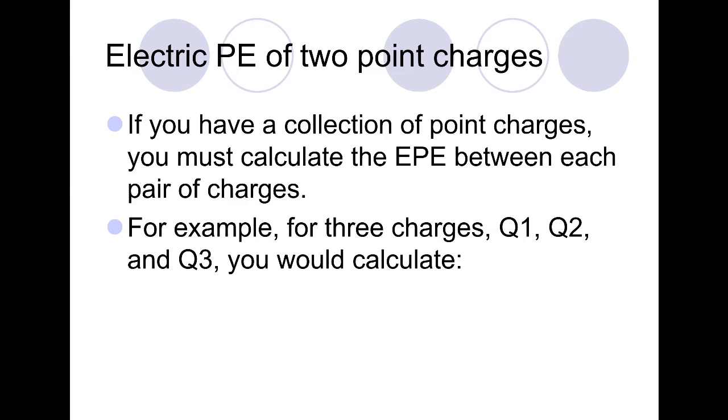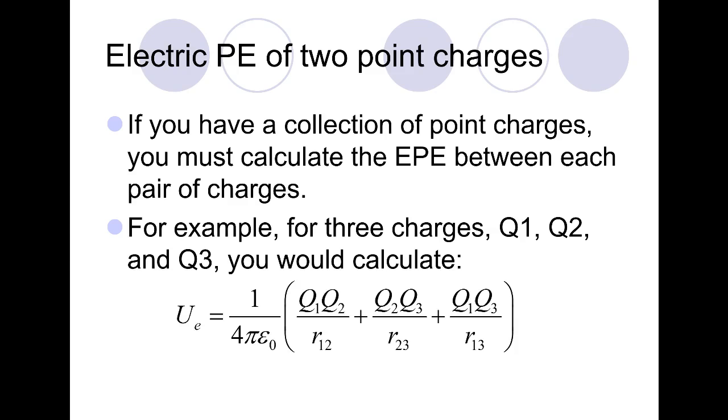For example, if we had three charges, Q1, Q2, and Q3, you would have to do a sum. So here's k, and if you distribute that, it's basically k Q1 Q2 over R12, k Q2 Q3 over R23, and k Q1 Q3 over R13.